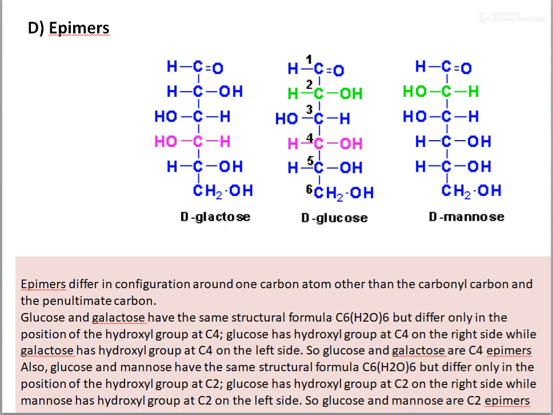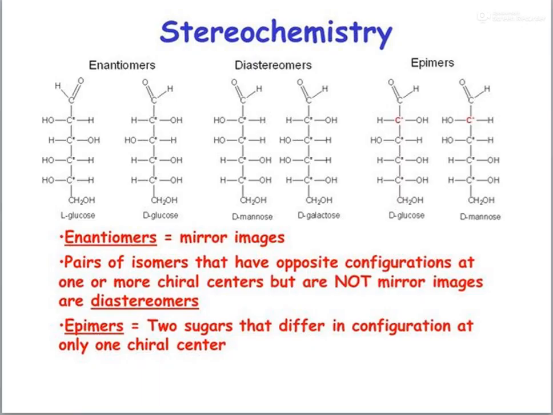So considering all this, we have enantiomers, which are mirror images of each other, and diastereomers, which have an opposite configuration at one or more chiral centers but are not mirror images. And finally we have the epimers, which are two sugars that differ in the configuration at only one chiral center.